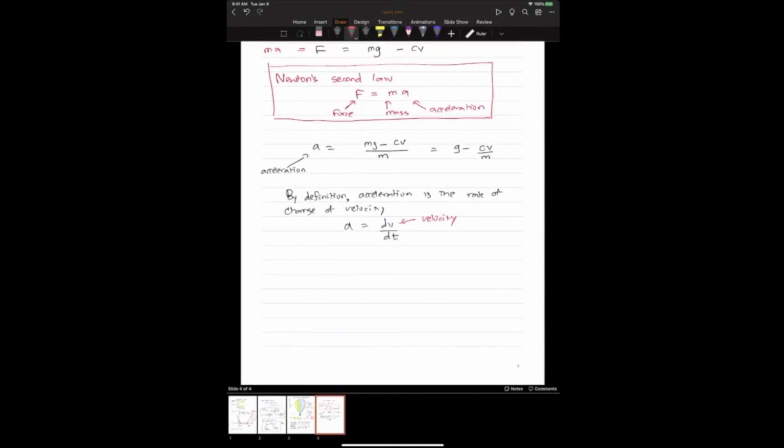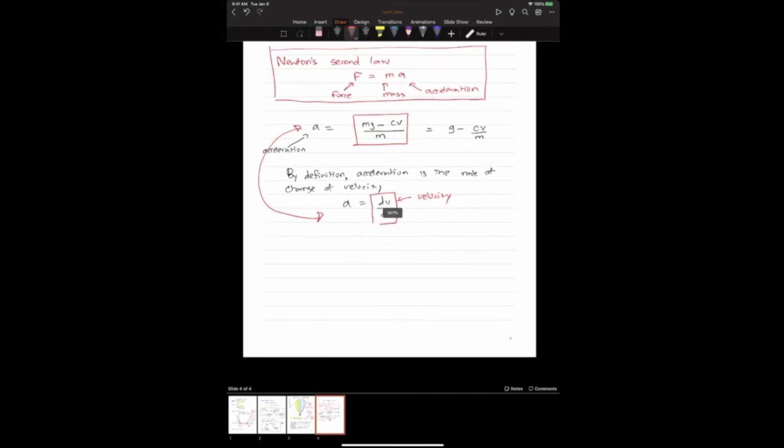So somehow I related acceleration, which is here, we derived the acceleration, and I related that to velocity. So these are the same thing. So for both, we use physics.